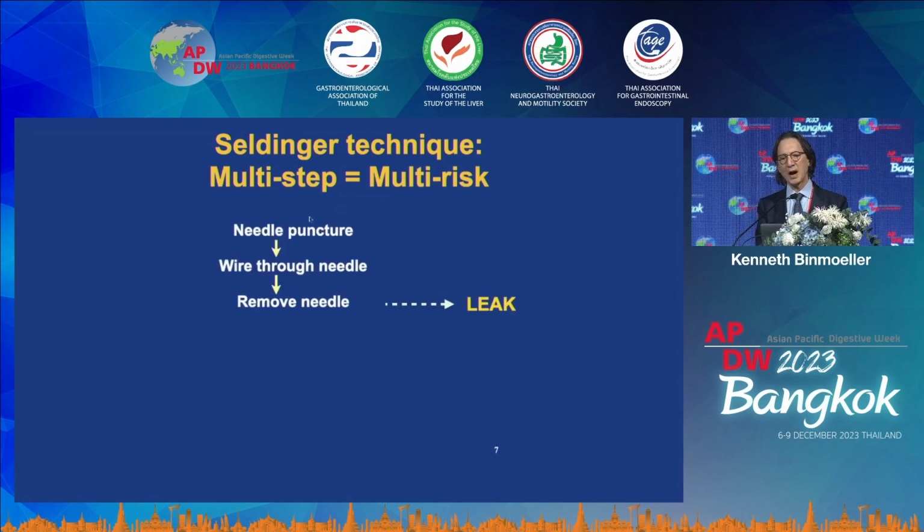So after we puncture the cyst or the cavity, pass our wire through the needle, and then remove the needle, we now have created a gap, a step-off, between our wire and the tract, and this can result in leak. Then when we insert a dilator over the wire to prime the tract for later stenting, there can be displacement of our target.